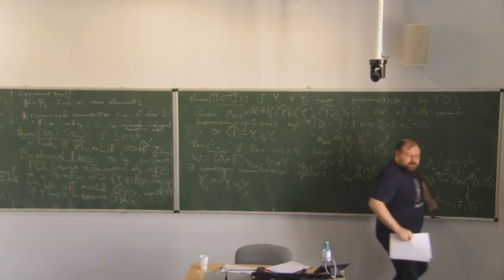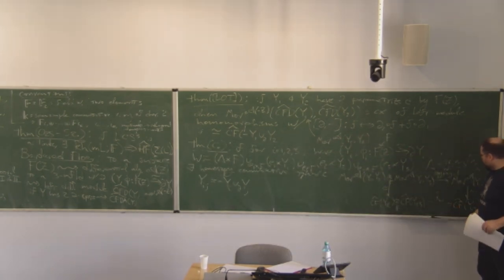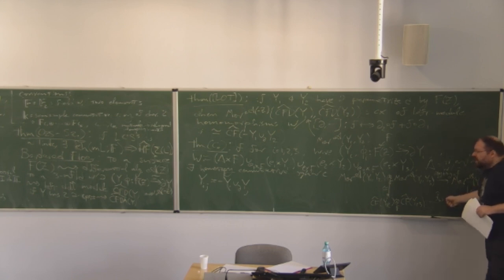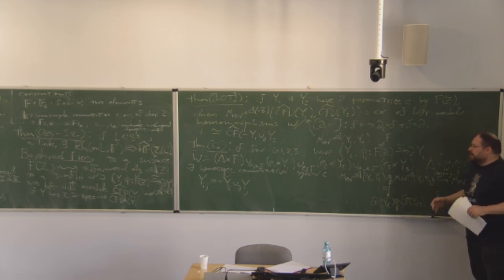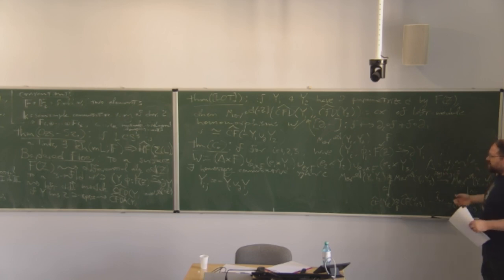It's worth noting that this map on the bottom is defined using, in the original formulation of Ozsvath and Szabo, a particular type of Heegaard triple diagram for this cobordism.